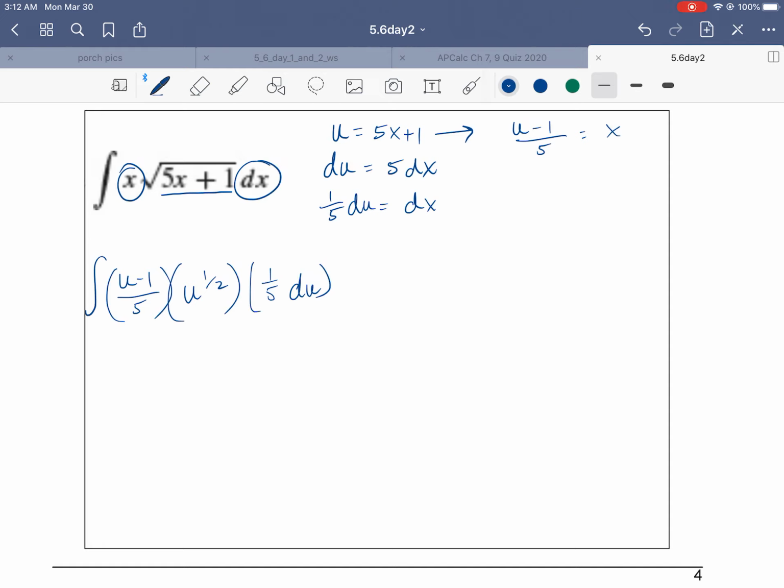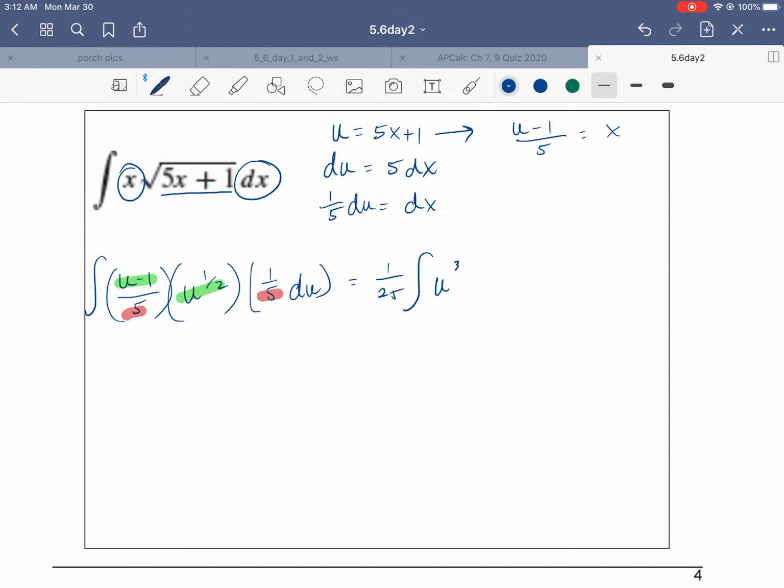So my three pieces get replaced with u's, and then I have to combine all of them. So I'm really focusing to clean that up together, and the fifths can go together. So it gives me a 1/25 out in front.